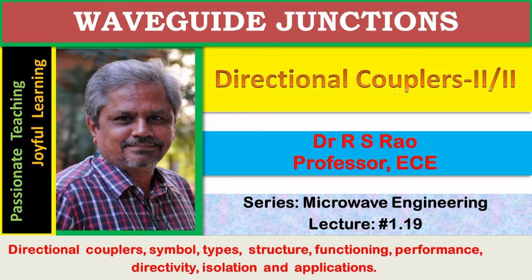They are used to reduce, to eliminate fluctuations in the power levels. In addition to performance indices, in the present session, we also focus on different applications of directional couplers in microwave engineering. Now let us move further into the core session.